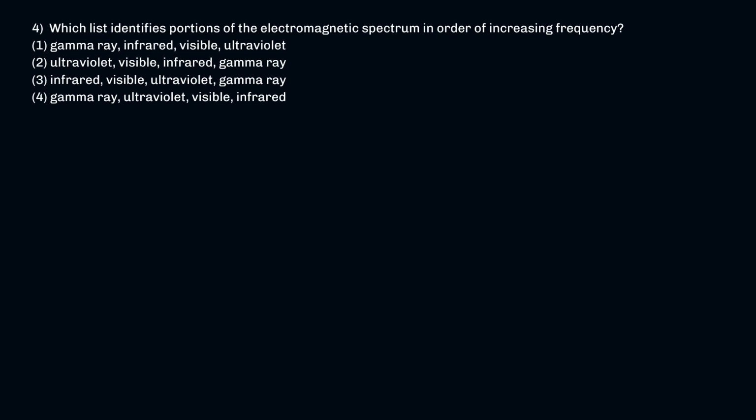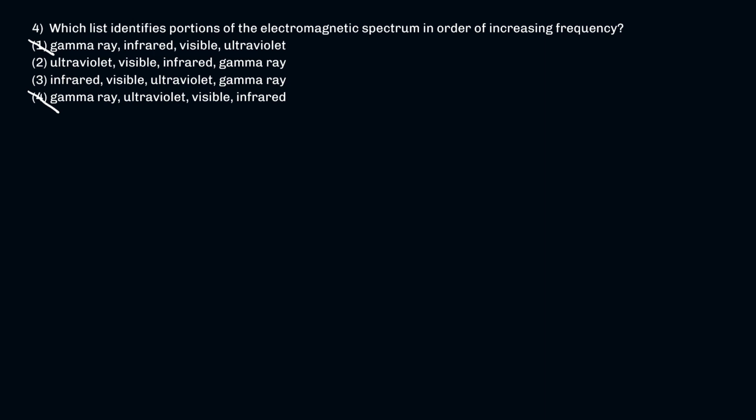So if gamma ray starts off my list, that means I can't increase in frequency at all. Everything has to be below it. So this answer cannot be correct. So answer choice 1 is not a correct answer, and answer choice 4 can also not be a correct answer because any of the electromagnetic spectrum on the list after that is going to be below the gamma ray in frequency. So 1 and 4 cannot be correct.